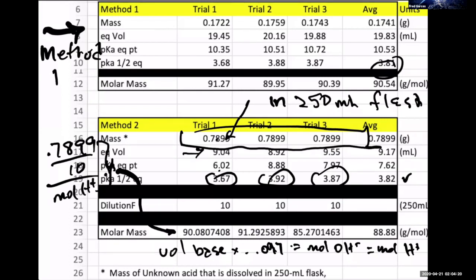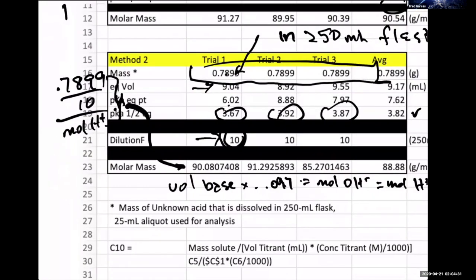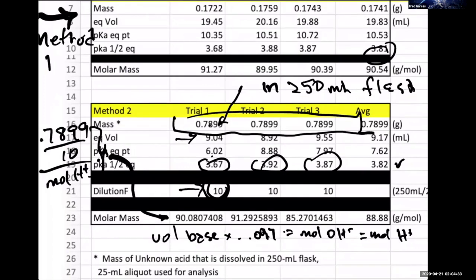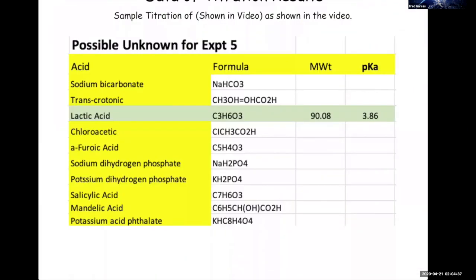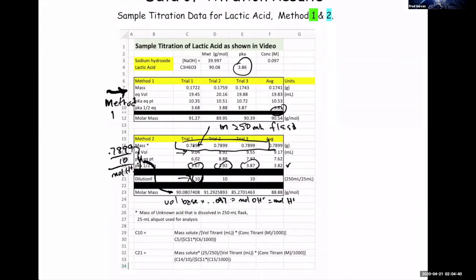You got to remember the dilution factor, because if you forget the dilution factor, you're going to be off a considerable amount. So you can see that the analysis here is not so difficult once you understand what's going on. Here are the formulas that I've applied for the cell C10, which is right here, has that formula.